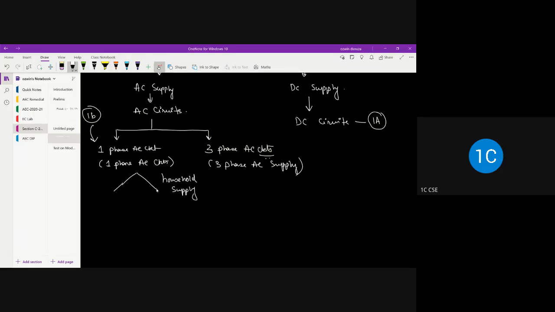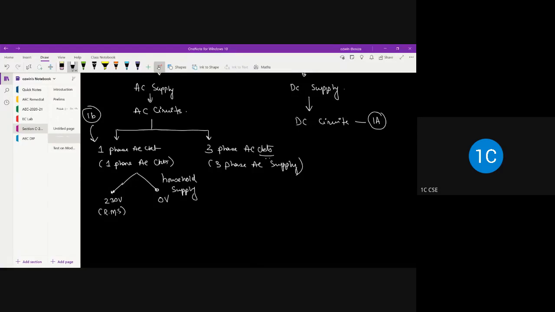Basically, you will have 2 voltage levels. One is at 0 volt and one more is at 230 volt RMS value. That's the reason we normally say that the supply available at our homes is 230 volt AC.